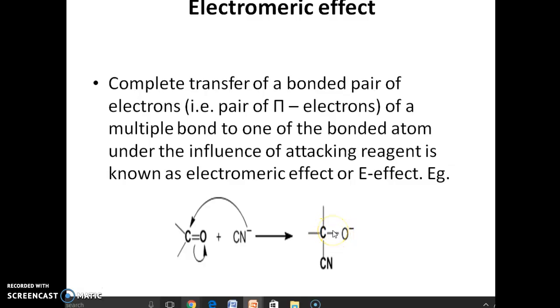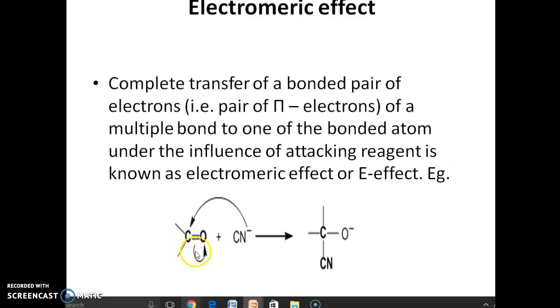The pi electrons of the pi bond are transferred to oxygen, because oxygen is more electronegative than carbon. As a result, the polarity rises: oxygen gets a small negative charge and carbon gets a small positive charge. This is due to the polarity of the bond between carbon and oxygen under the influence of the attacking reagent.